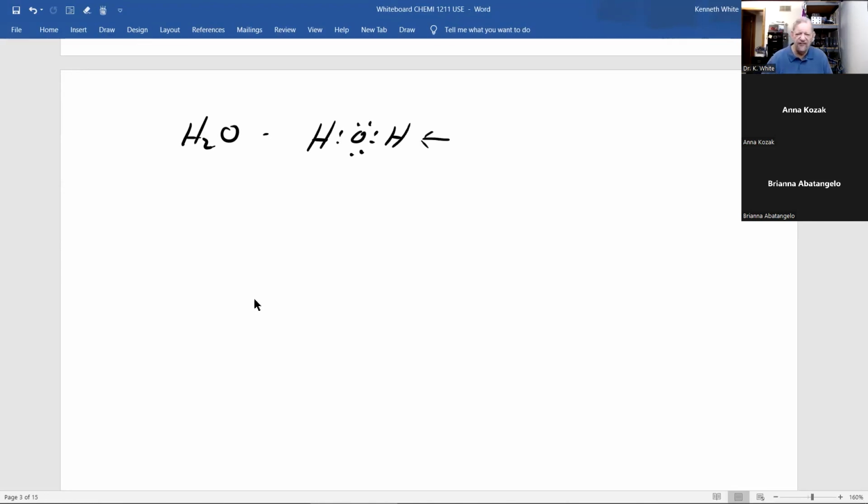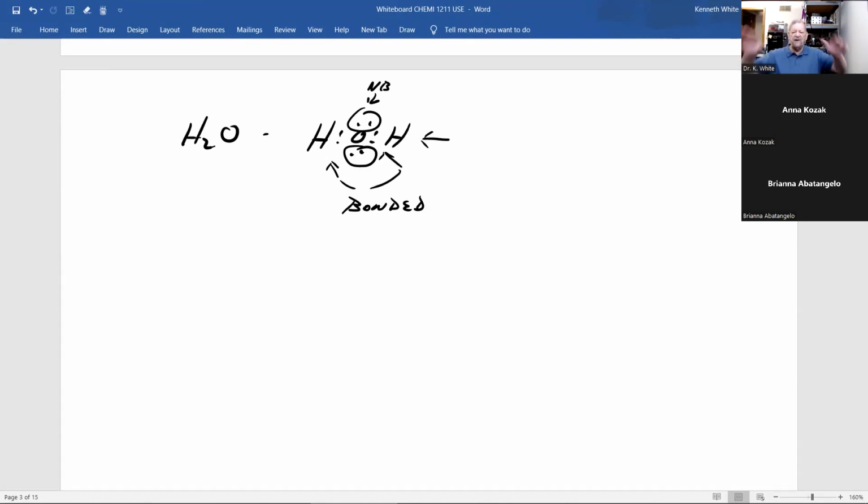Now, here's the Lewis structure for water. Notice you have two pairs of non-bonding electrons and two pair of bonded electrons. So what's the shape of water?